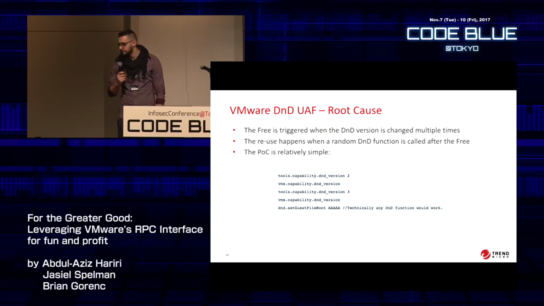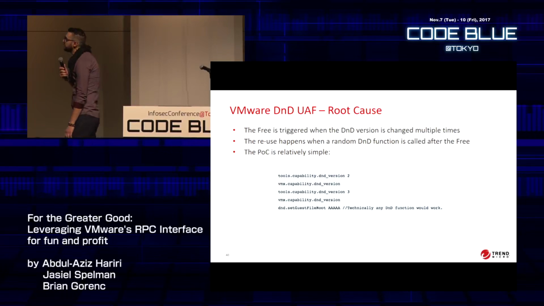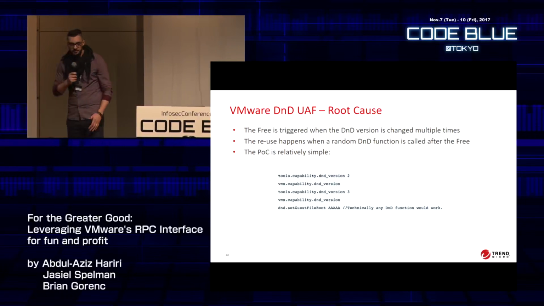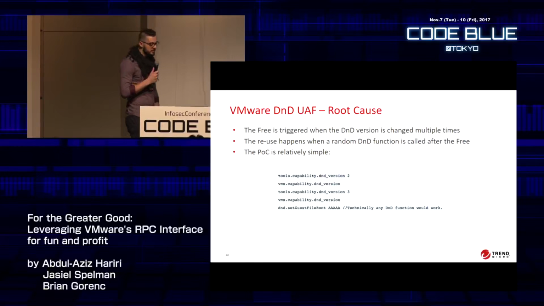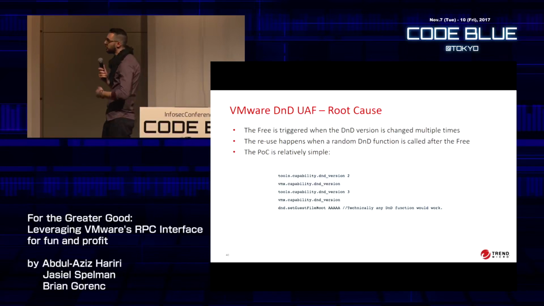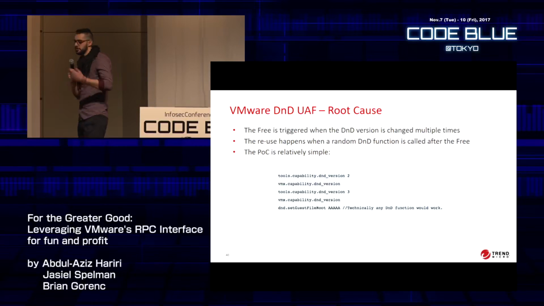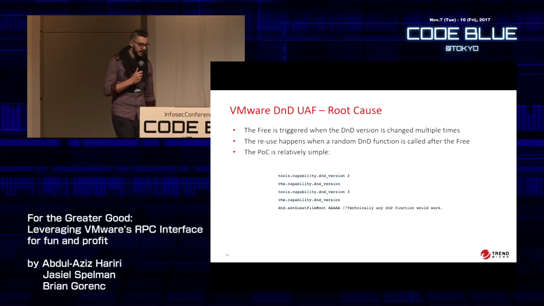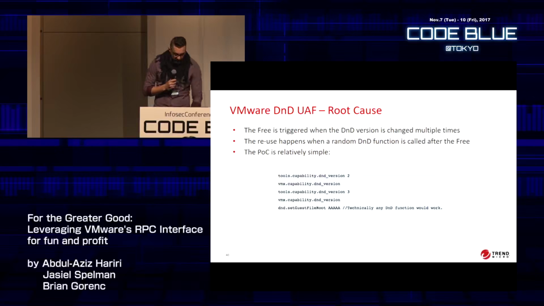All right. The bug that I'm going to be talking about is a use-after-free in drag and drop. It's very simple to trigger. First, we set the DnD version to 2, then query that version, set it to 3, and then query it again. Then we trigger the free. Once we do that, if we call any drag and drop function, we trigger a use, and that's where the actual crash happens.